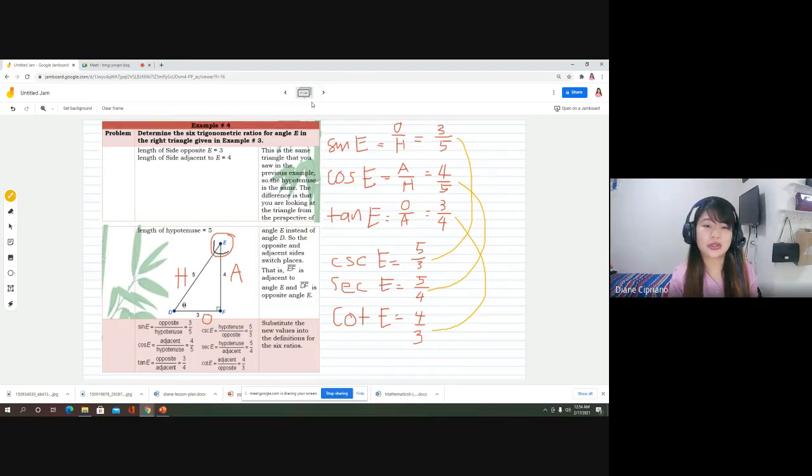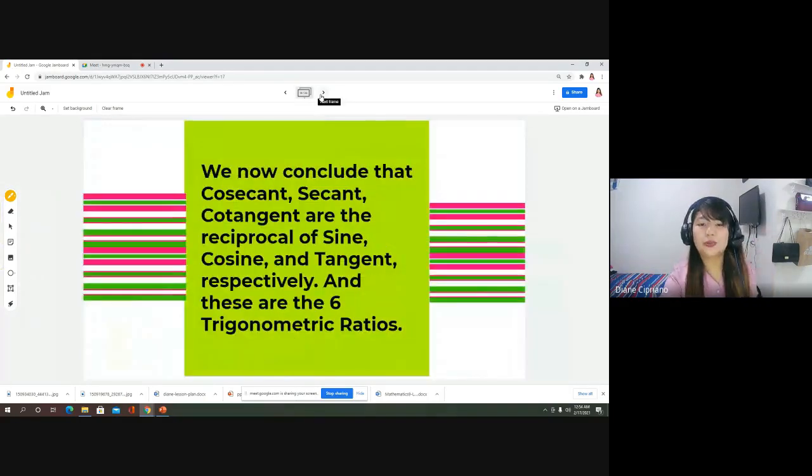Little by little, you can complete the sides. And if the sides are already complete, of course, you can easily write the 6 trigonometric ratios. So we now conclude that cosecant, secant, cotangent are the reciprocals of sine, cosine, and tangent respectively. And these are the 6 trigonometric ratios.